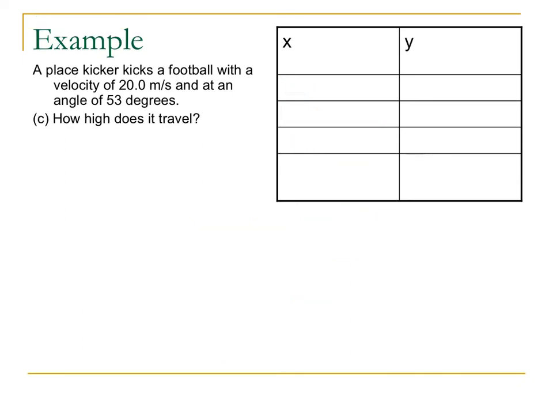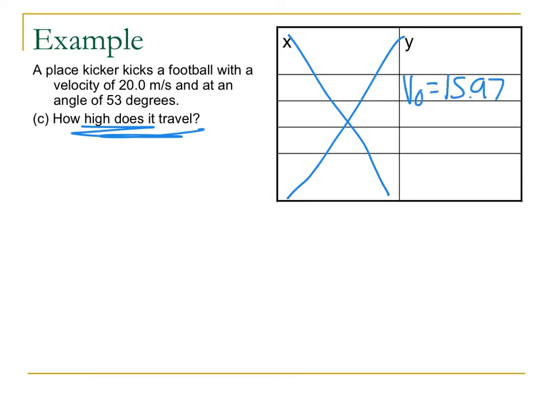And my last part of the problem, how high does it travel? So if it asks how high does it travel, we actually need to set up a new t-chart. I don't need to worry about x because it's just going in the y. I know my initial velocity is 15.97. If it's at the top of the trajectory right here, my velocity final is 0. My acceleration is still negative 9.8, and I am looking for my distance, my height.